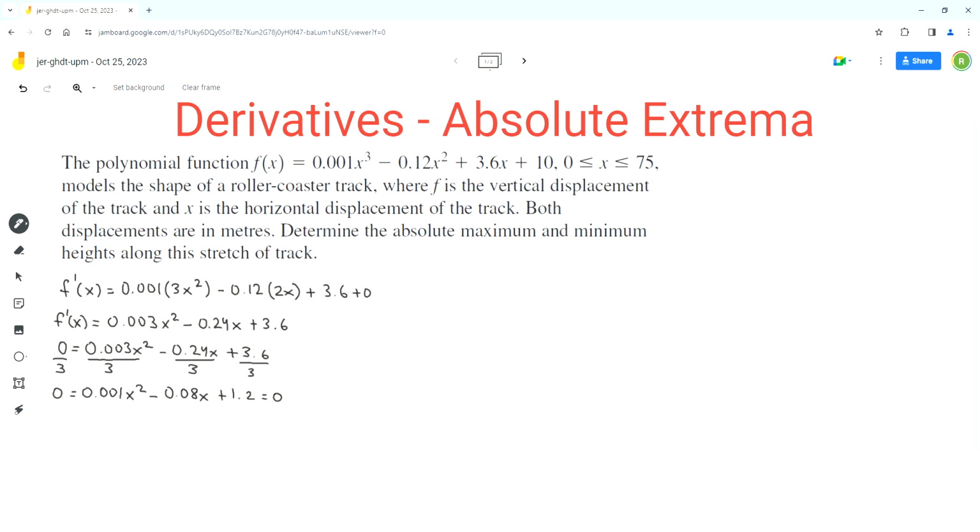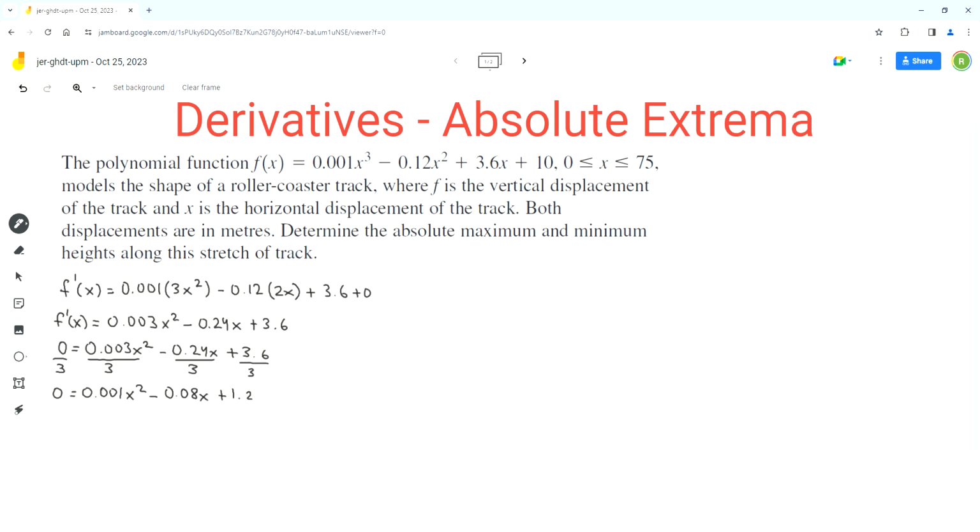Sorry, we have the 0 on the other side. Now this is a quadratic equation, and we cannot use factoring because of the decimal numbers, so we'll have to use the quadratic formula to solve this equation.